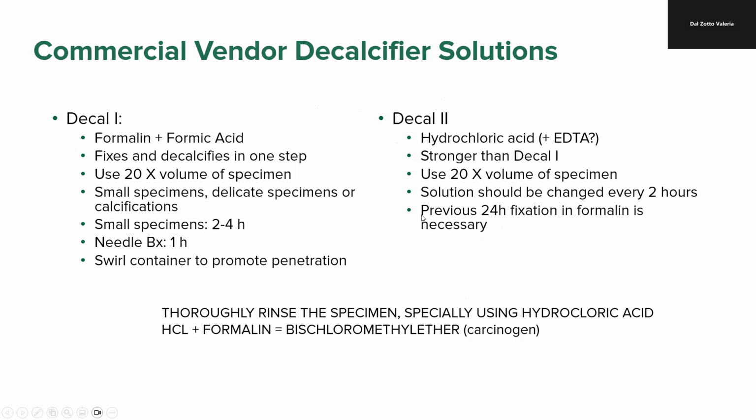You may need to put the cassette back into formalin for processing. So if you have residues of hydrochloric acid, that is going to form this compound inside the container with formalin, and this compound is a carcinogen. I cannot even pronounce that compound, sorry.